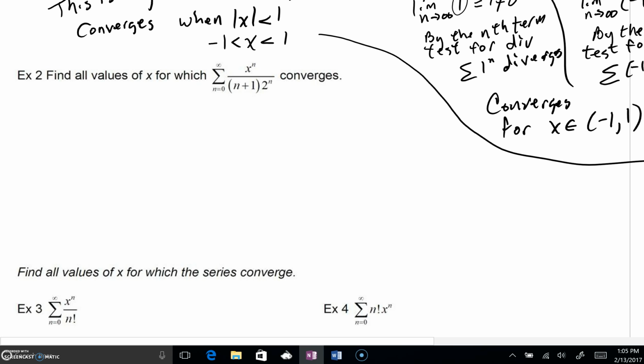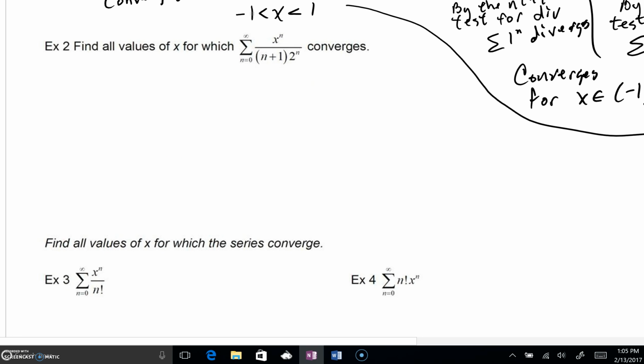The ratio test will be, without question, your go-to for power series. You're going to see that on the AP exam. FRQ after FRQ, when you get these, you will say, well, I'm going to start off by doing a ratio test. And let's go ahead and see what that would look like for example 2.